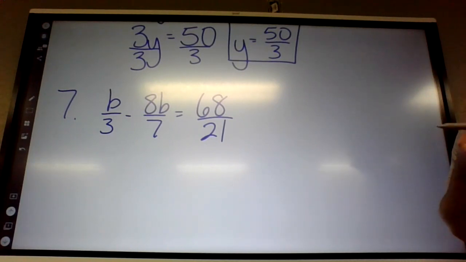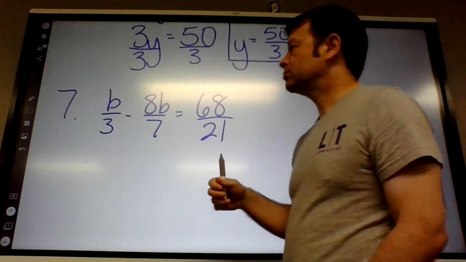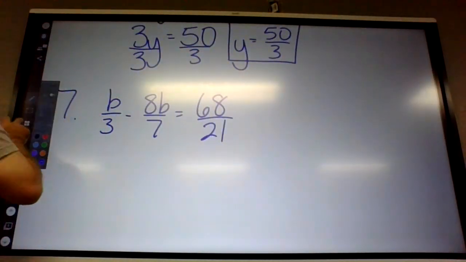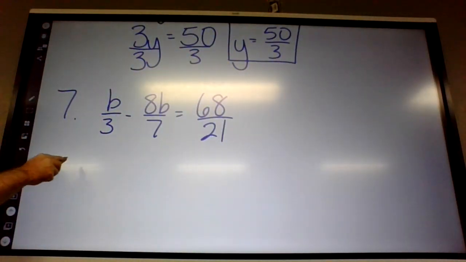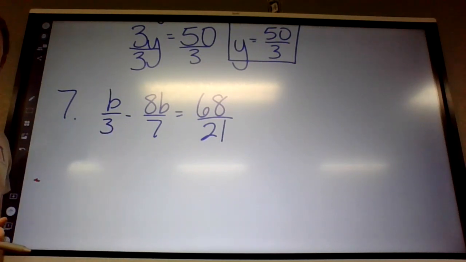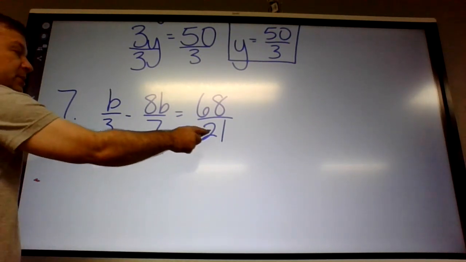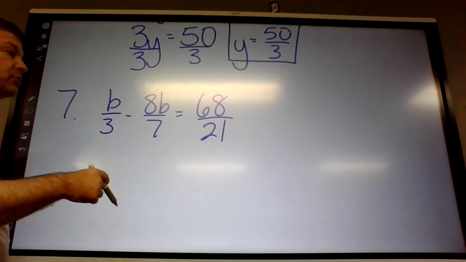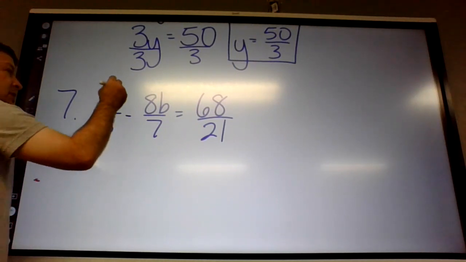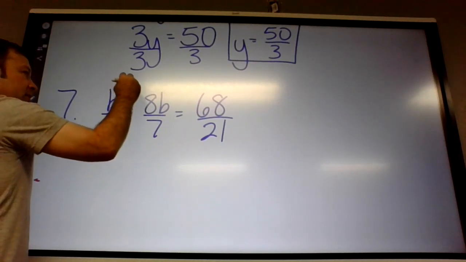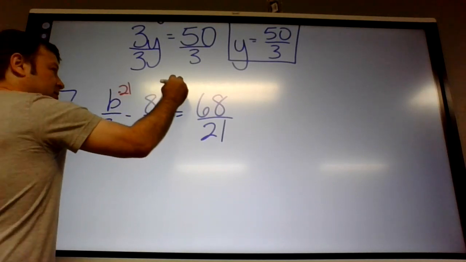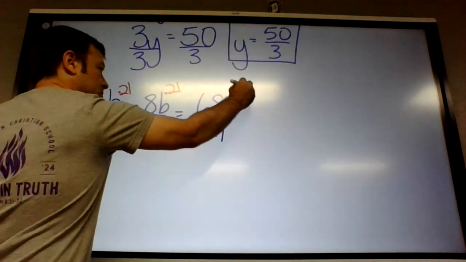Do you remember what 3 times 7 is? It is 21. So they will all go into 21. 21 goes into itself. 21 times 1. So I'm going to multiply every term by 21.